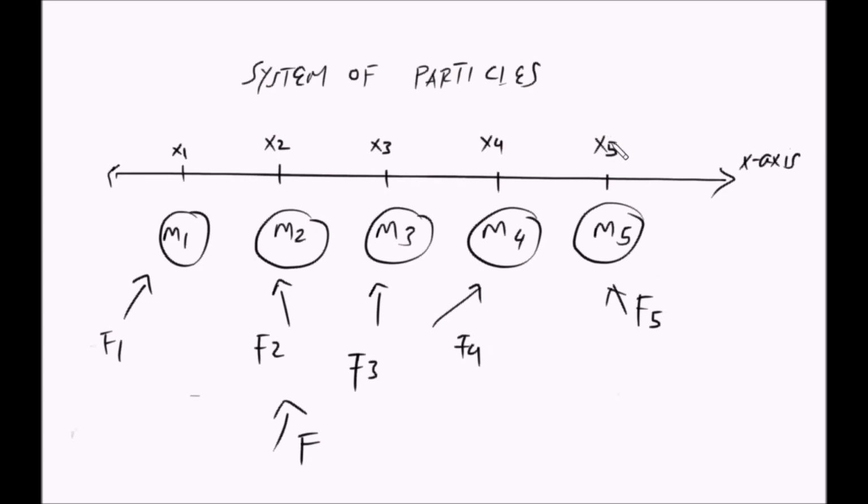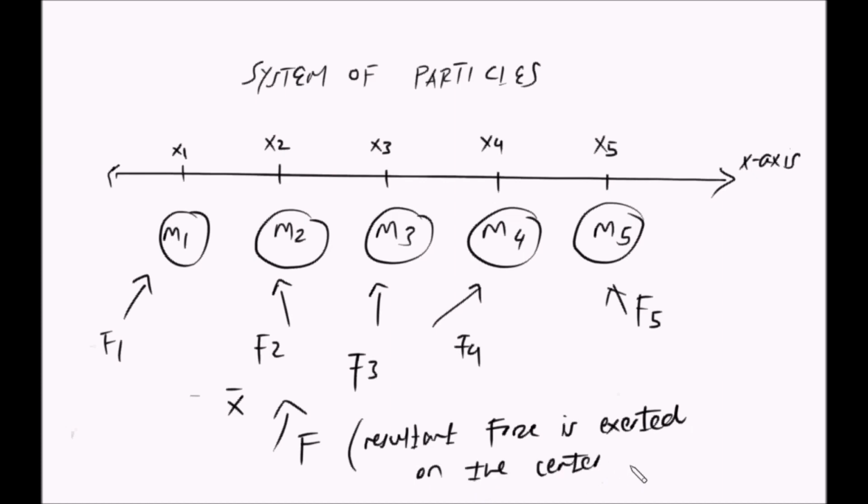Force F5 is exerted on position X5. So the question is, the resultant force is exerted on what position? X bar, the center of mass. So this F is the resultant force, and it's going to be exerted on the center of mass.